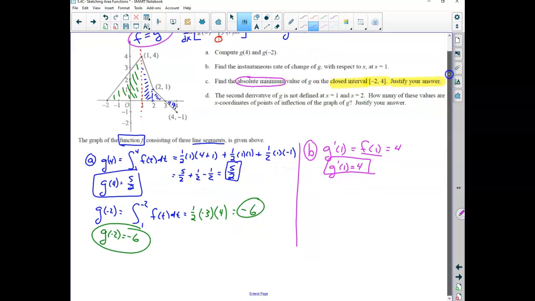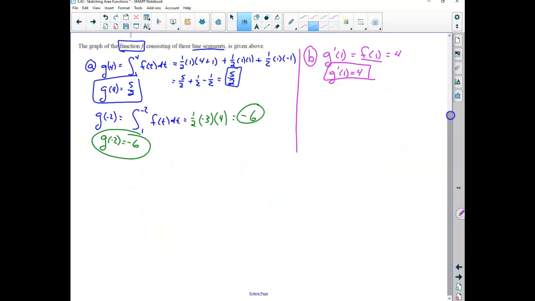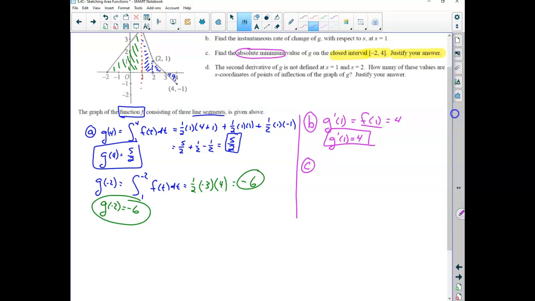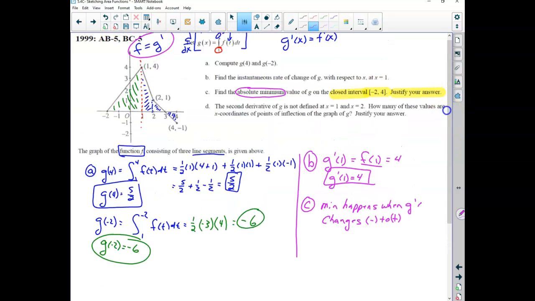So we need to find where are any and all of the minimum values happening on G. So part C, I'm going to say a minimum happens when G prime changes from negative to positive, right? So when does G prime, or f, because they're one and the same, change from negative to positive, because that would be decreasing to increasing.